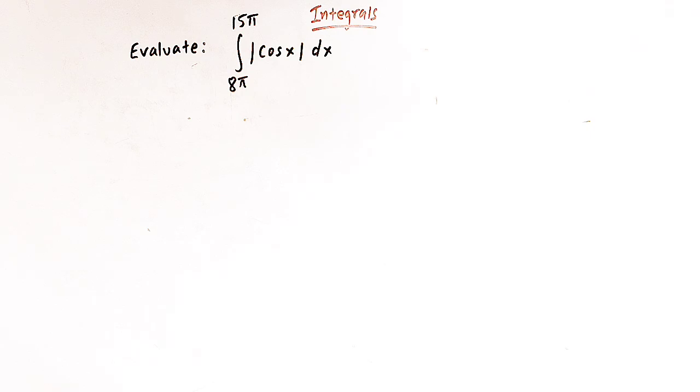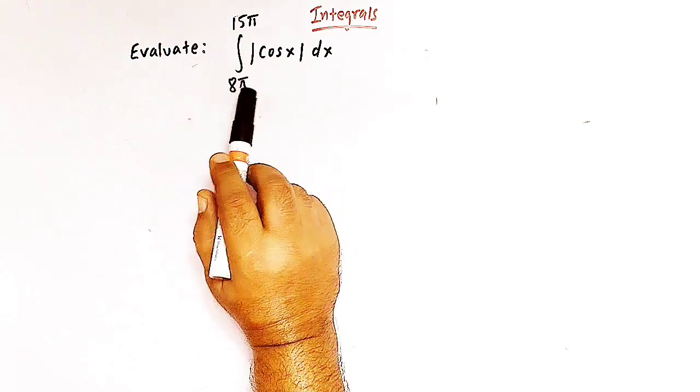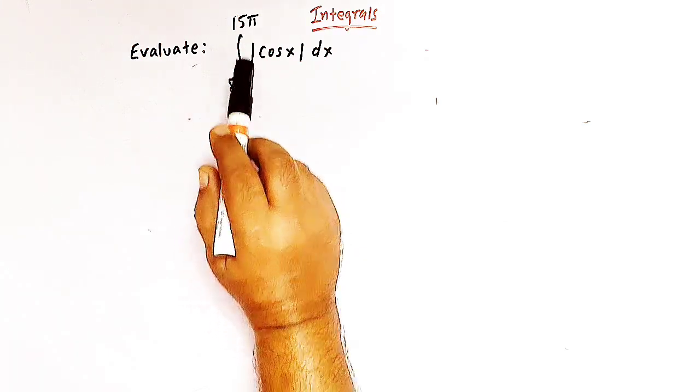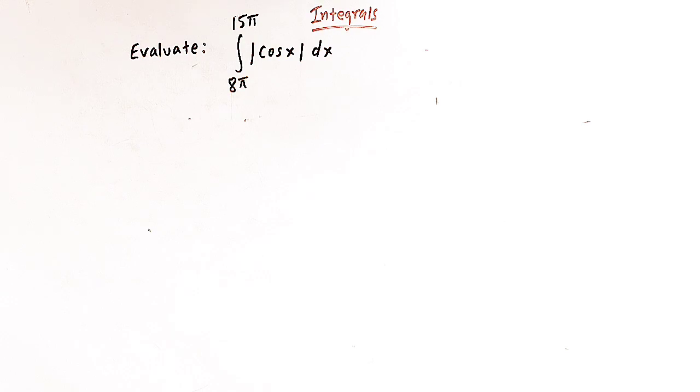Hello viewers, in today's session we are going to discuss another important and conceptual problem from definite integrals. In this session we are going to evaluate this integral where we have the limits from 8 pi to 15 pi, and the integrand is the absolute value of cosine x, right?